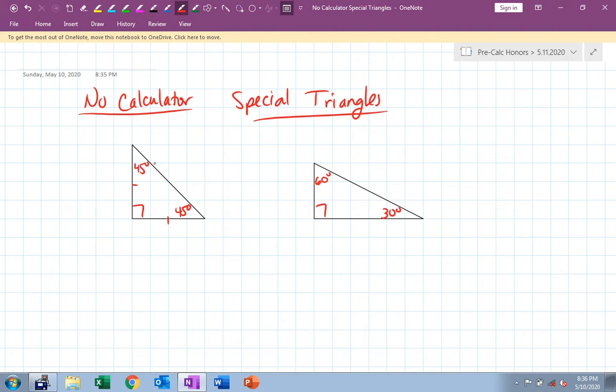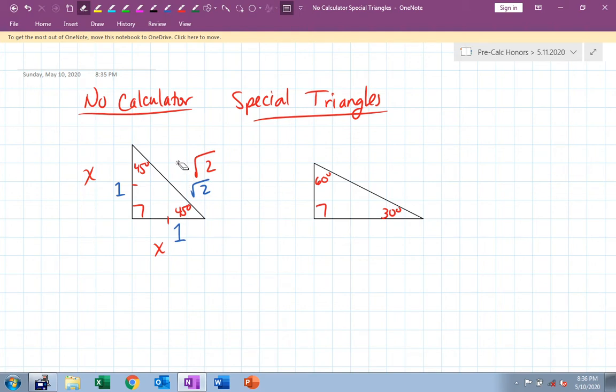All right, now the sides of these triangles never change. Okay, some teachers, I think the MCAS cheat sheet has it as x, x, and x root 2. But for this class, it's really going to be easier for you to just leave it as 1, 1, and root 2. Okay, because you have 1x, and x root 2.